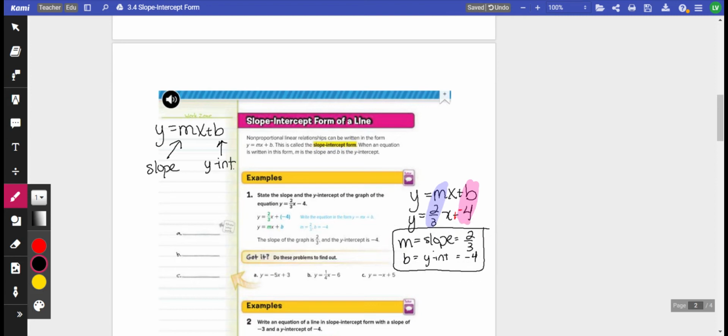Got it? Let's do these 3 problems to find out. Letter A, y equals negative 5x plus 3. Well, I'm going to write the slope-intercept form above it: y equals mx plus b.